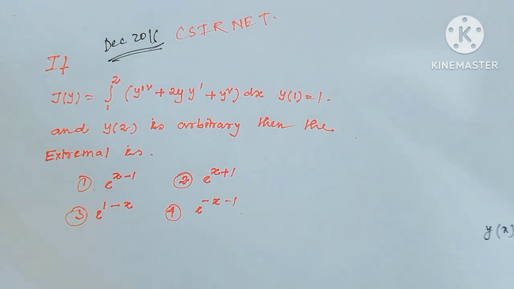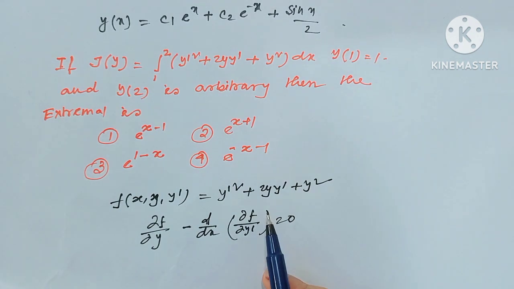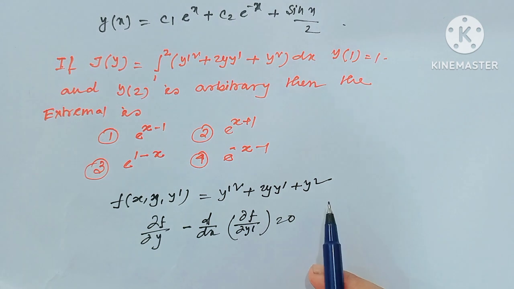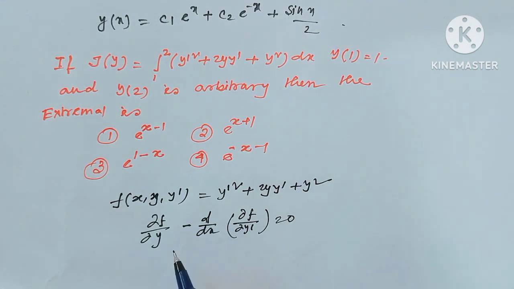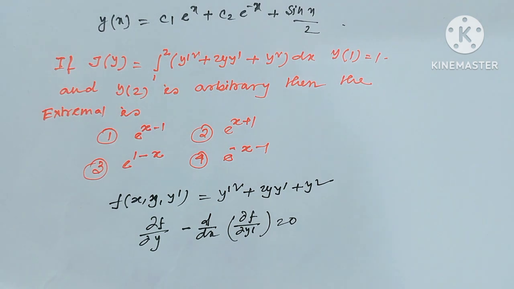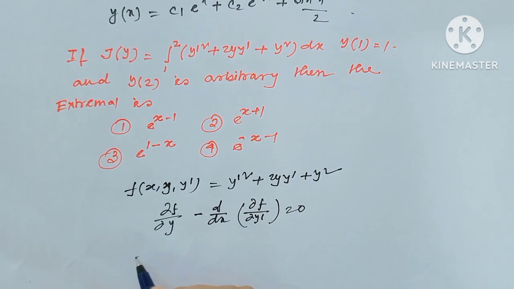For this, the functional integrand is y'^2 + 2y y' + y^2. Then the Euler equation: ∂f/∂y - d/dx(∂f/∂y') = 0.